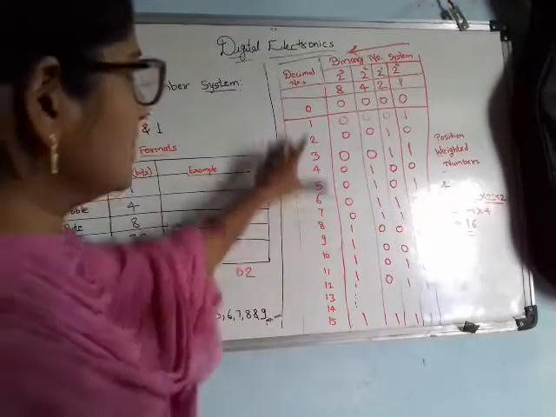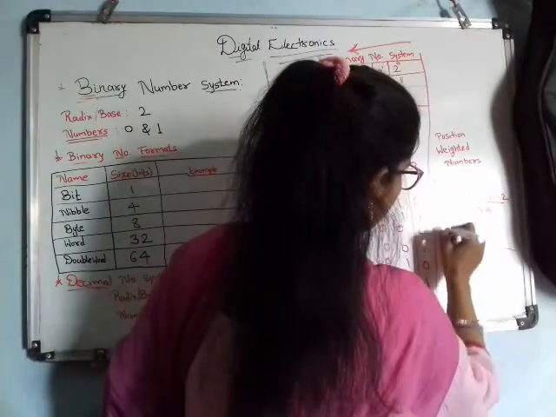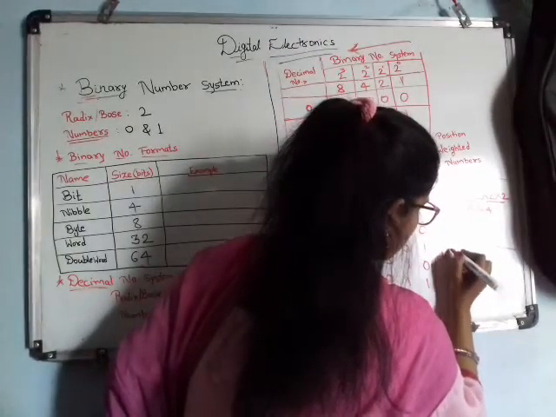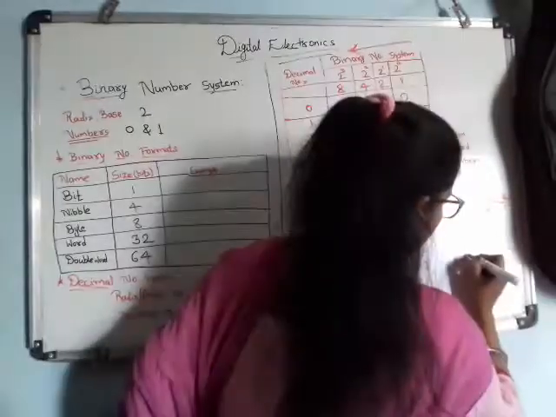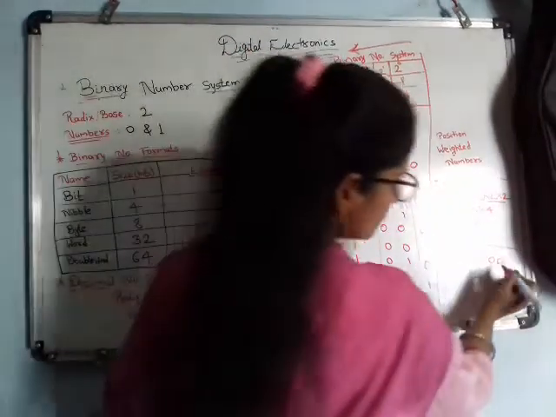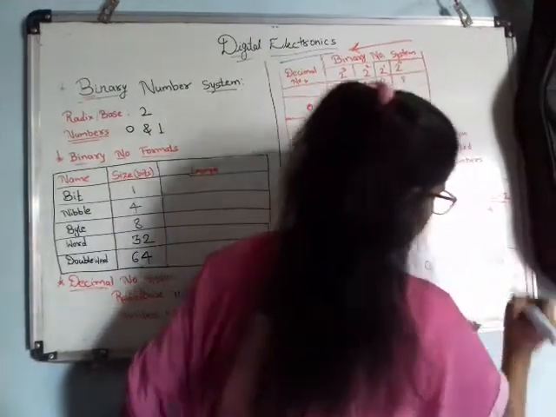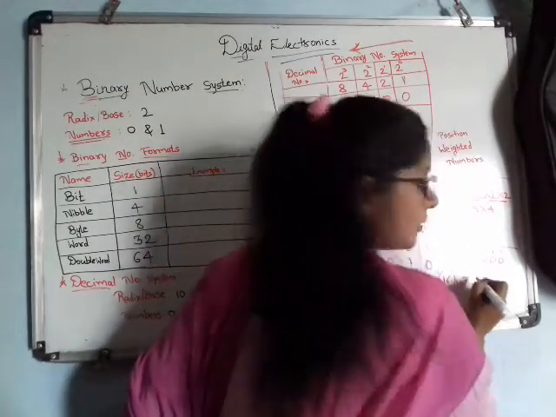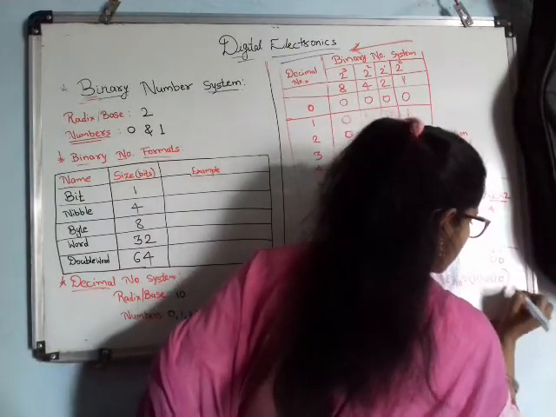So we have to use another row, but for convenience I will write it this way: decimal 16 is equal to 1, 0, 0, 0, 0. The weightages are 1, 2, 4, 8, 16. So the equivalent of decimal 16 is 1, 0, 0, 0, 0 in binary.